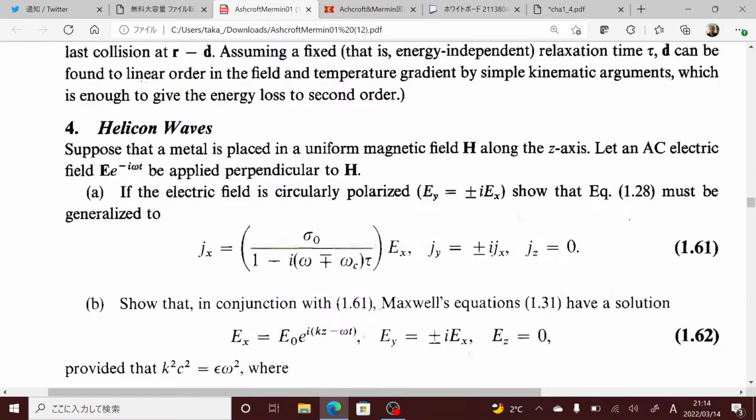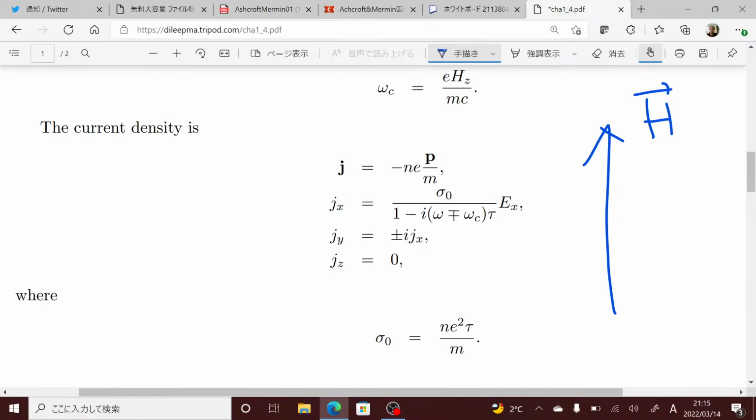It seems like, okay, E absolute value. It seems that this electric field looks like this.